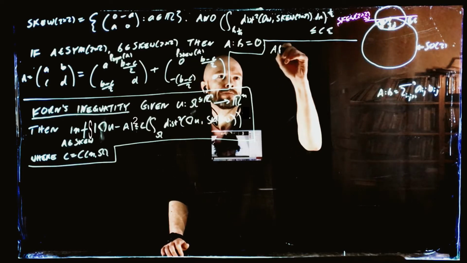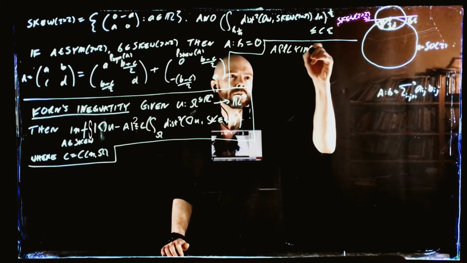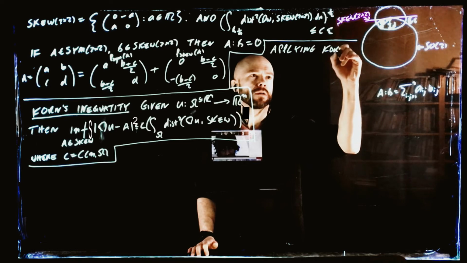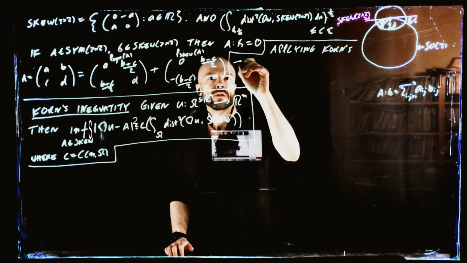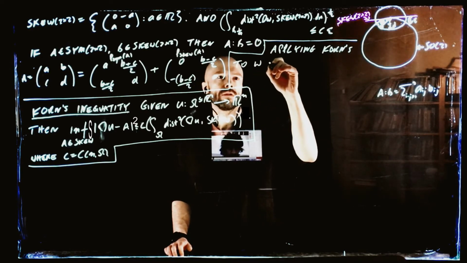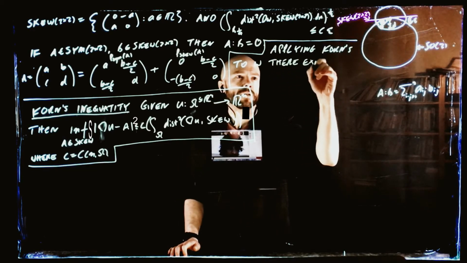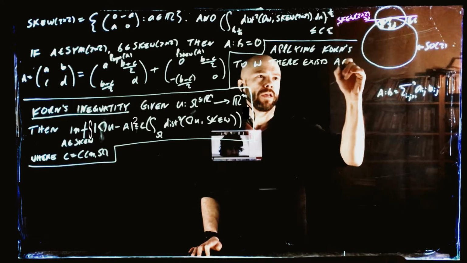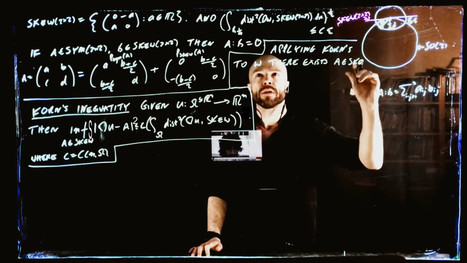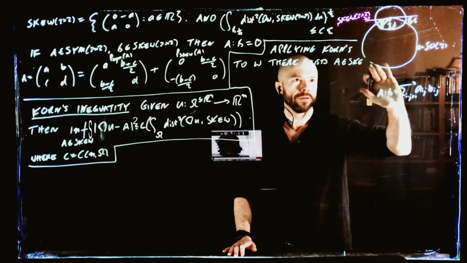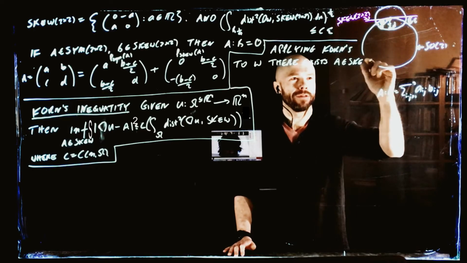Applying Korn's to W, there exists A belonging to skew. Out of consistency now, I'm going to say skew 2 by 2. I said I wasn't going to.